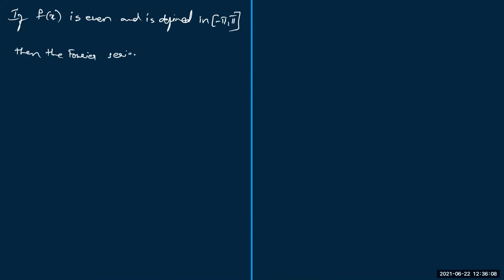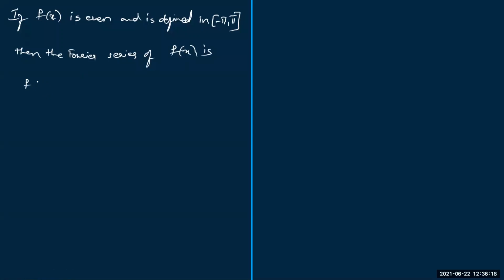These things are highly important for us. If f of x is even and is defined in minus pi comma pi, then the Fourier series of f of x, as we discussed till now, when it is an even function, includes only cosine functions, right?